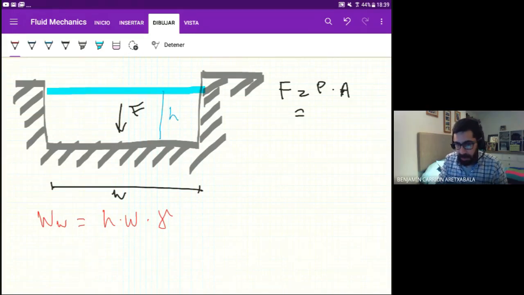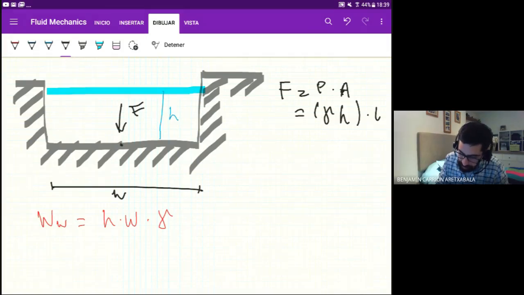The other approach that I'm proposing is that the force at the bottom is equal to the pressure at the bottom times the area. The pressure at the bottom is going to be gamma h, and the area is going to be w times 1 meter into the screen.